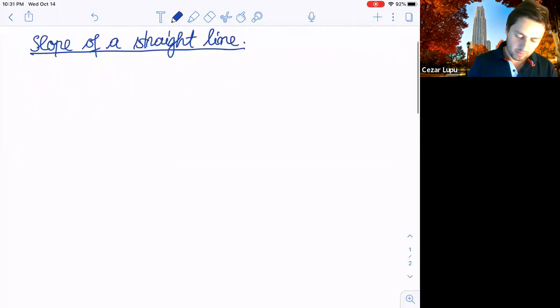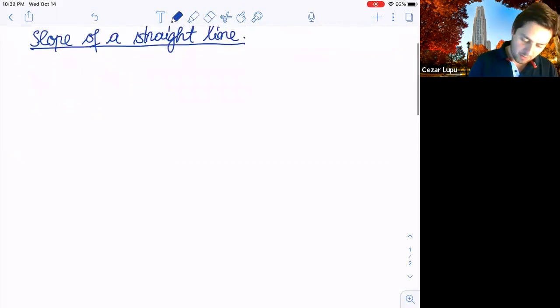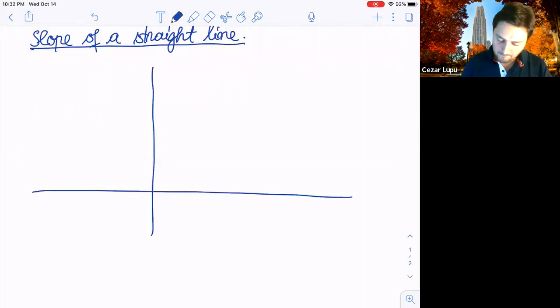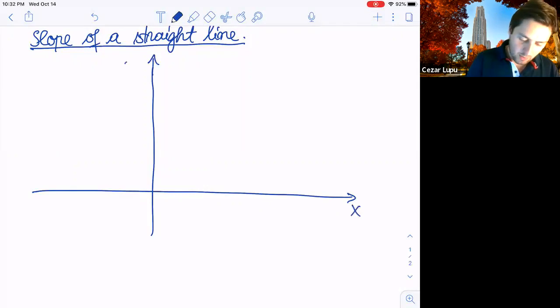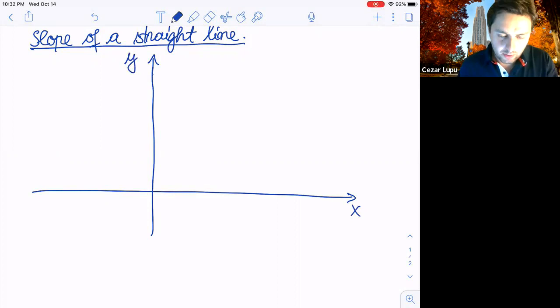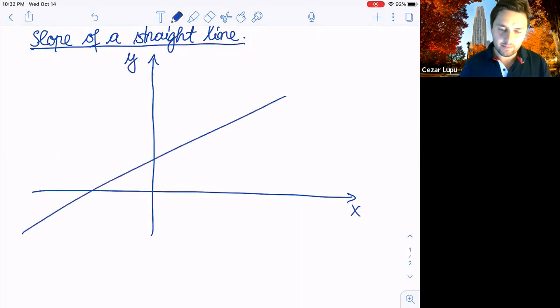Let me just draw it like this. So this is the XY axis, right? And now I'm just going to draw a line. We can write this in slope-intercept form, but let's just say we have some points.